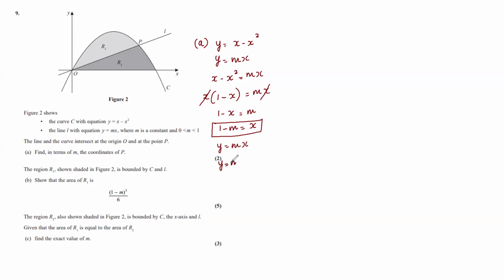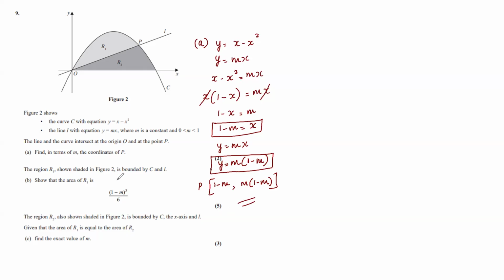Y equals m times, instead of x, 1 minus m. So this will be your y coordinate for the point P. So point P will be represented by (1 minus m, m(1 minus m)). So we are done with the first part here.